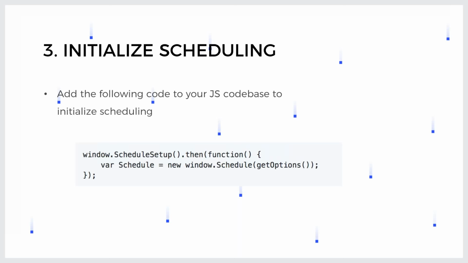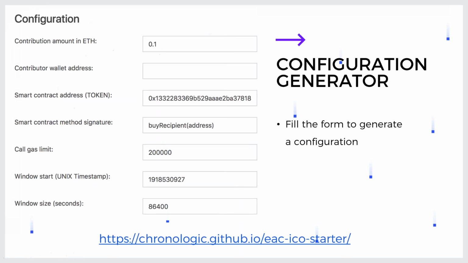And once you have all of these parameters set up, you just add a simple global variable function, and then you have this button available to use. I'll go ahead and show you the demo that we have put together here, and I'll show you how easy it is to get this button configured and set up for your own ICO.